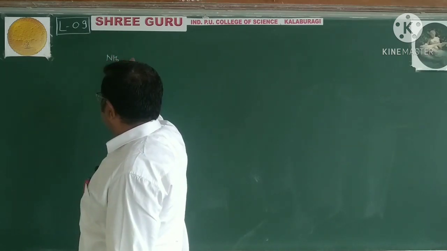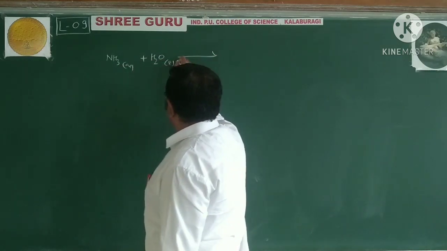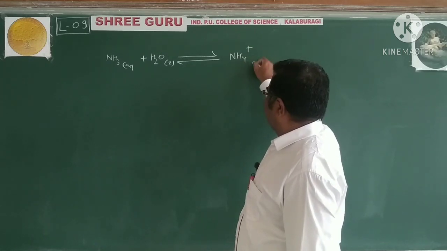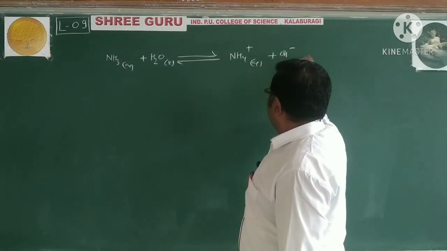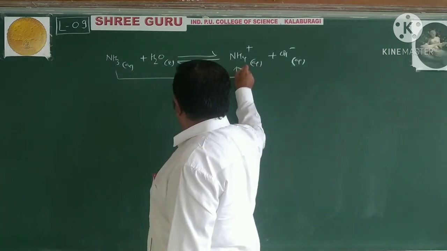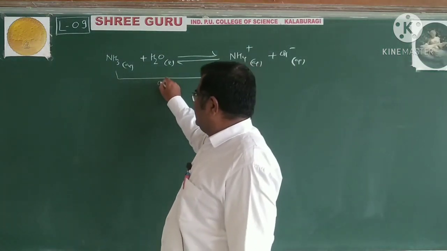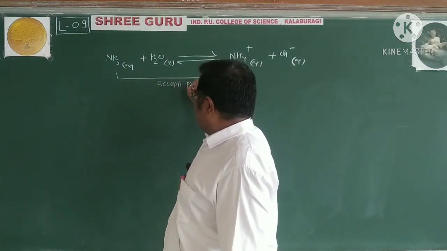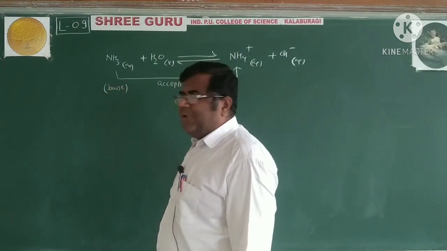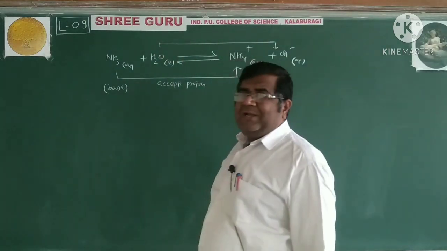NH3 aqueous, H2O liquid, gives NH4+ and OH- liquid. Now if we compare NH3 and NH4+, we can say that it accepts a proton, and that's why ammonia is a base.